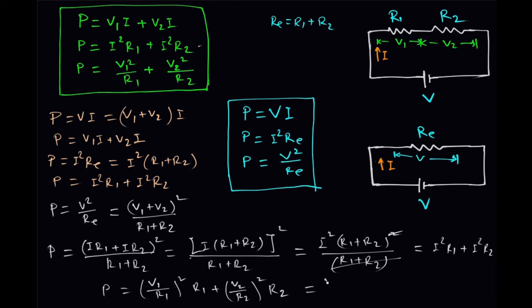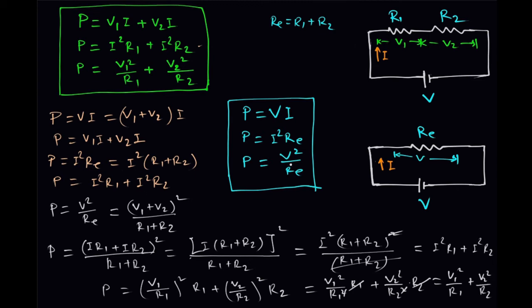That is V1 square divided by R1 square into R1 plus V2 square divided by R2 square into R2. So R1 will cancel with this, and you get V1 square divided by R1 plus V2 square divided by R2.